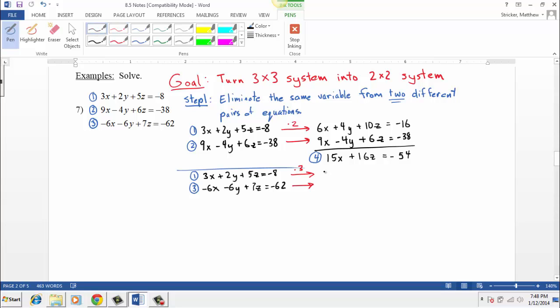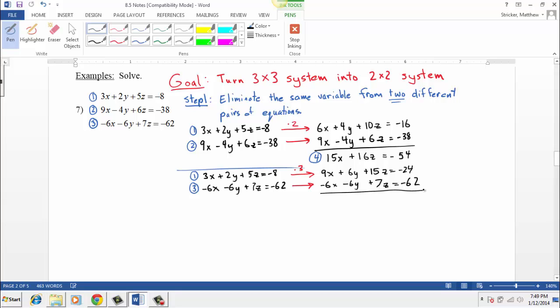And we multiply the top equation by 3, we get 9x plus 6y plus 15z equals negative 24. The bottom equation is still negative 6x minus 6y plus 7z equals negative 62.